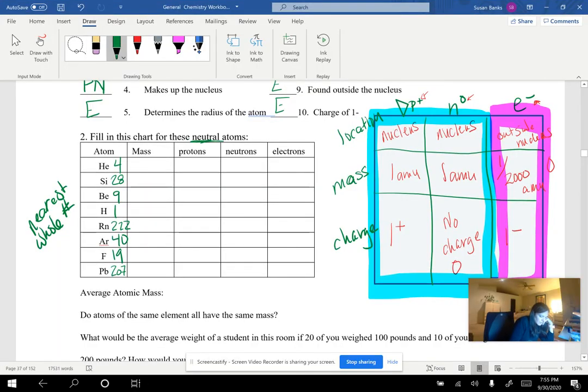So protons for helium, 2, hydrogen, 1, fluorine was 9, right? And then we had silicon, which was 14. We have a few more to look up. So beryllium and radon and lead.